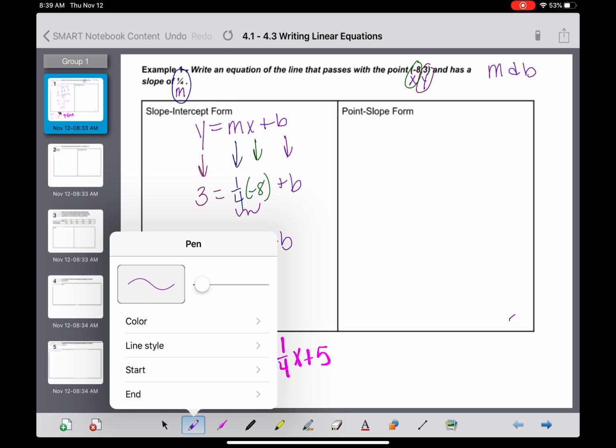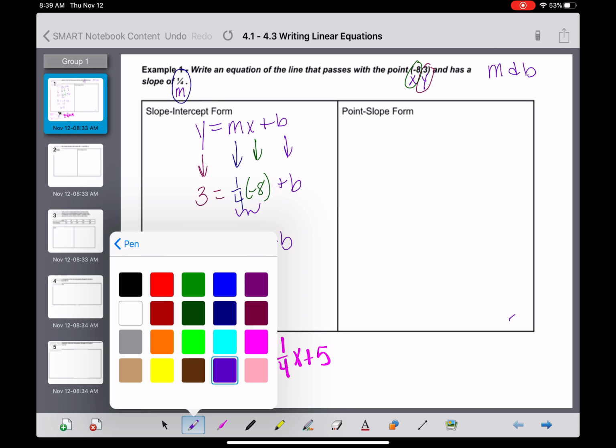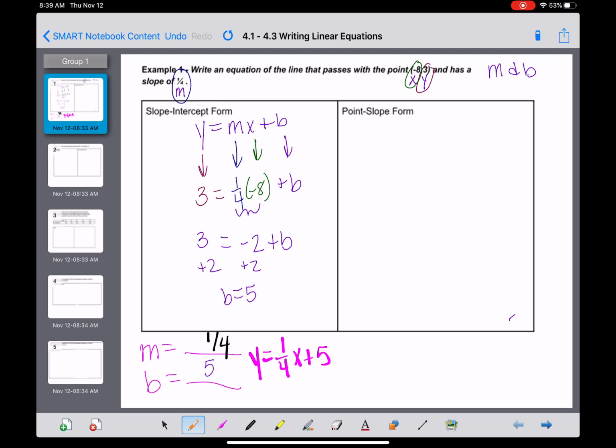A second method is called point-slope form. It looks similar to slope-intercept. We're going to take y and subtract y1. That's equal to m times x minus x1. So I'm going to be plugging in for y1, the slope, and x1.